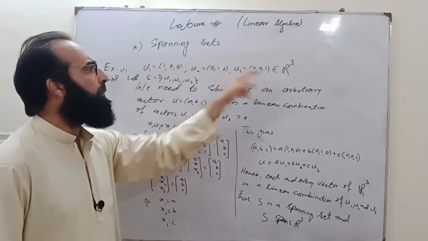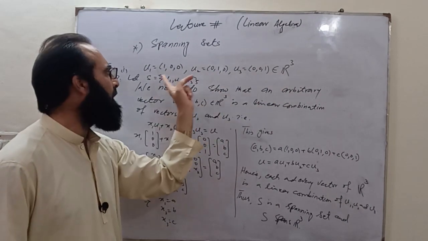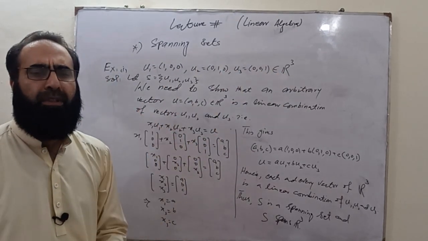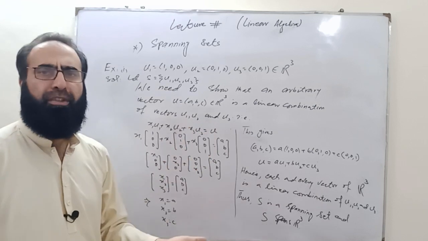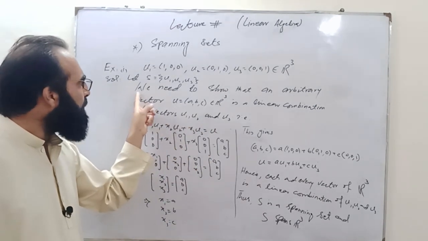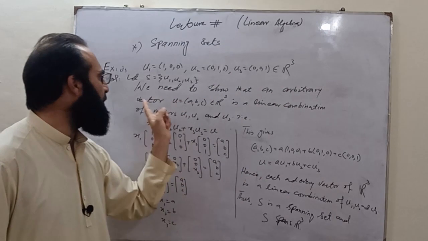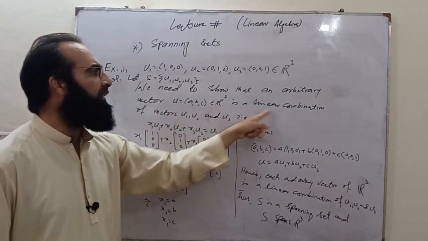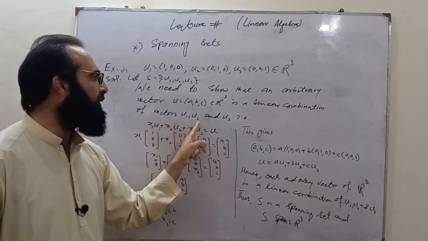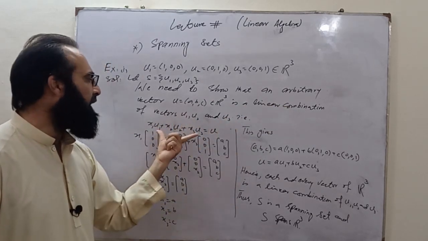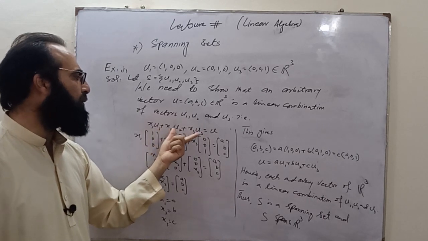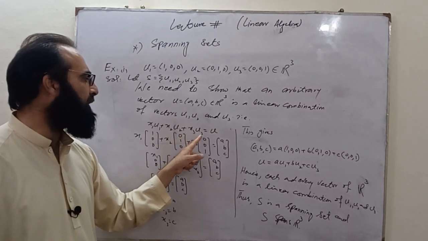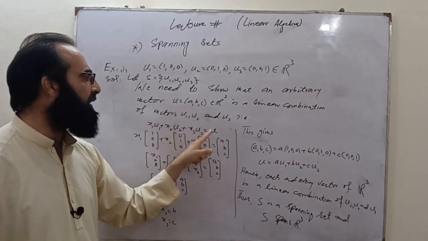That means S spans V. Since it's very difficult to check each and every vector of a vector space, we need to show that an arbitrary vector from R³, that is u equals (a, b, c), is a linear combination of vectors u1, u2 and u3. That is, x1 u1 plus x2 u2 plus x3 u3 equals this arbitrary vector u.